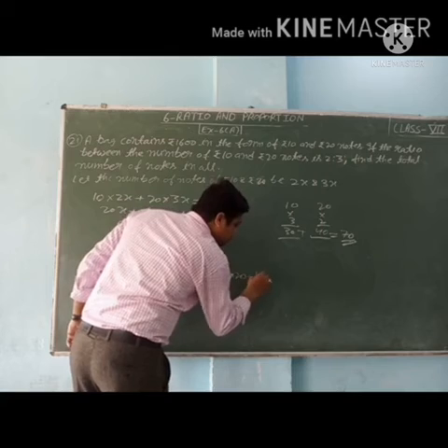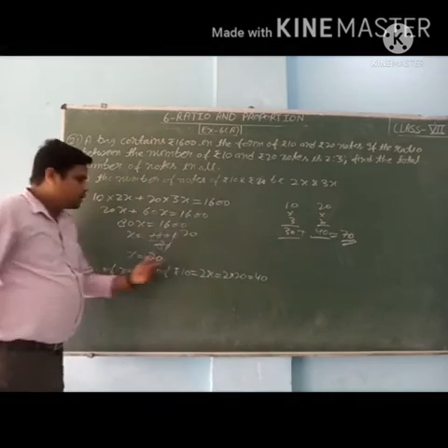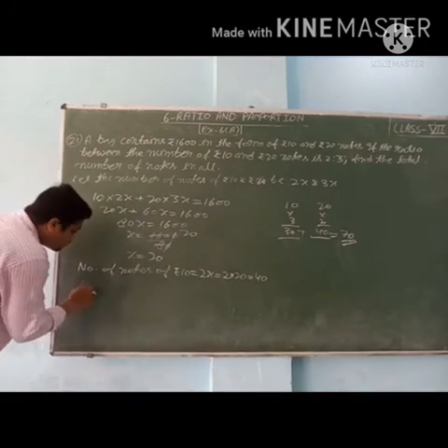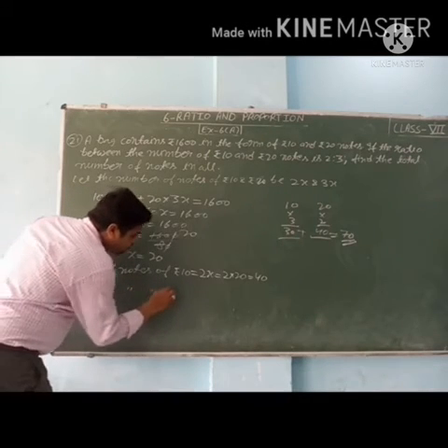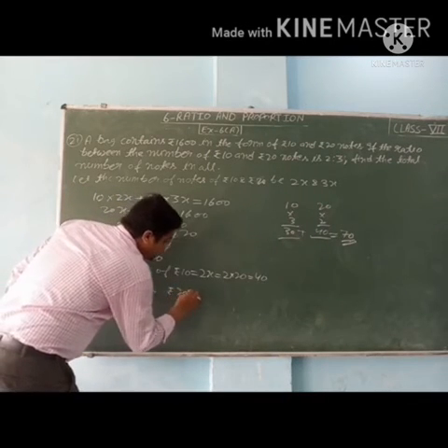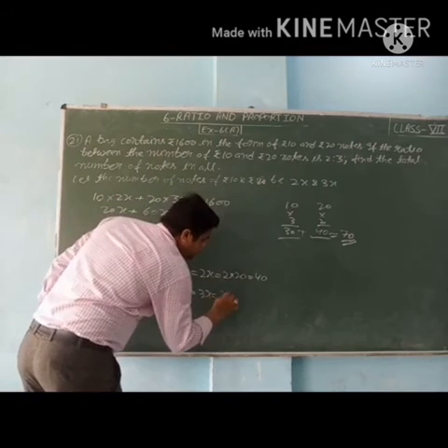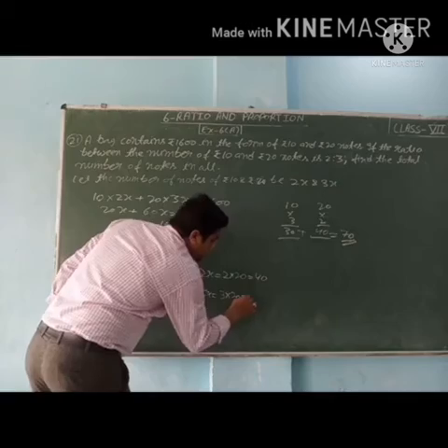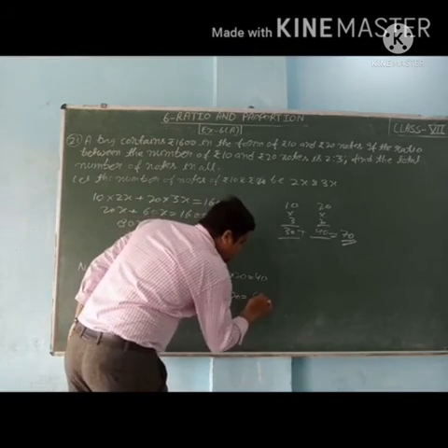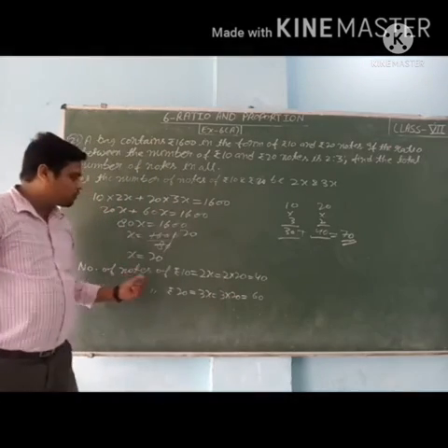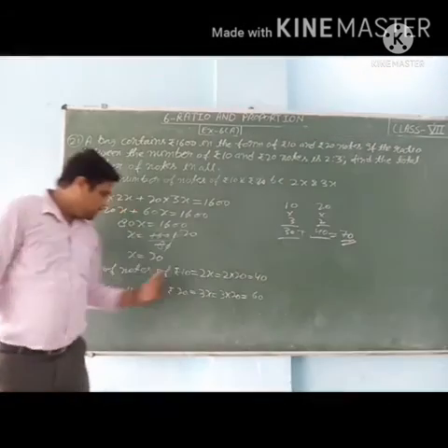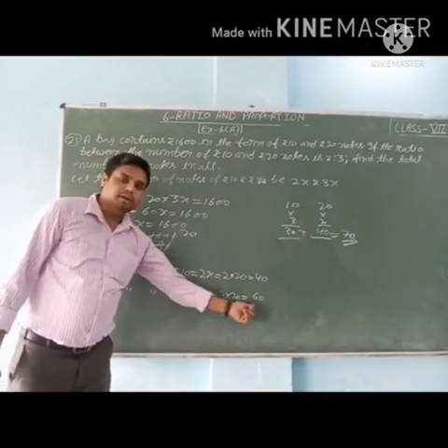It means 40 notes of rupees 10. Number of notes of rupees 20 is equal to 3x is equal to 3 multiply 20 is equal to 60. So the number of notes of rupees 10 is 40. The number of notes of rupees 20 is 60.